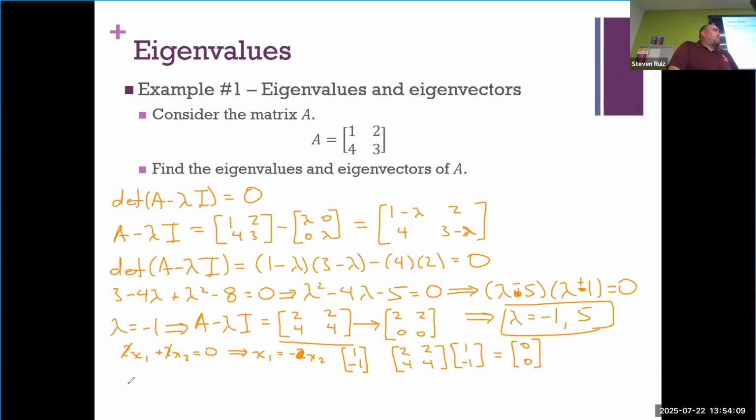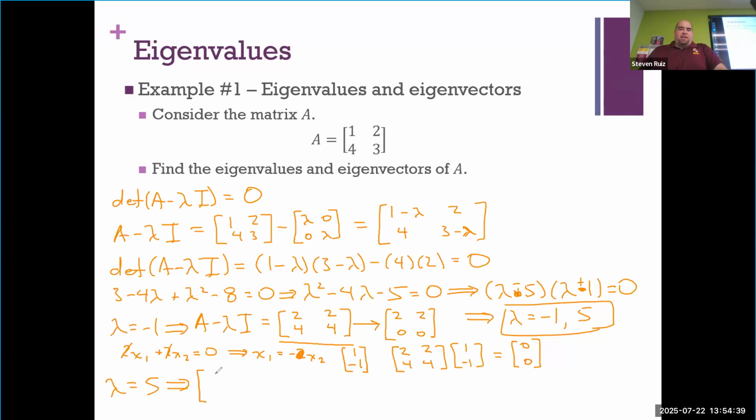Any questions about how we did that? Right, so let's find the eigenvector that goes with lambda equals 5. How do we go about doing that? Yep.